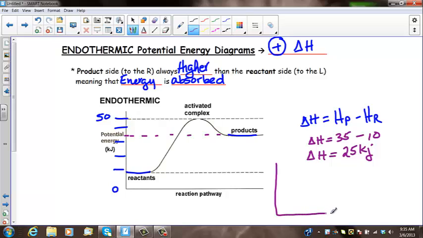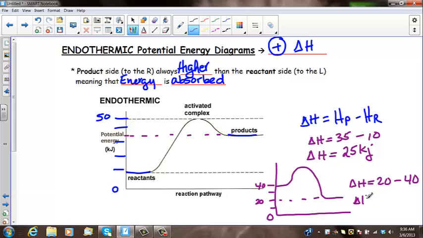If I did this, let's say this was an exothermic curve like the one we just looked at, and let's say this is 0, and let's say this is 40, and that's about 20. So for this one, remember, delta H is equal to products, which is 20, minus reactants, which is 40.